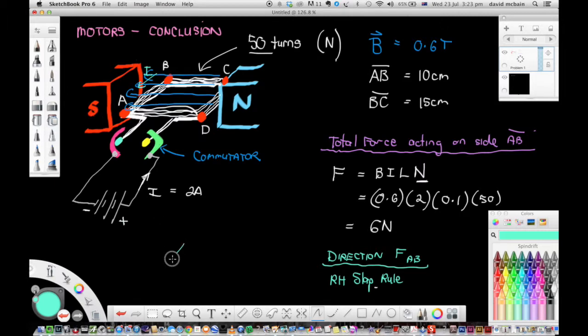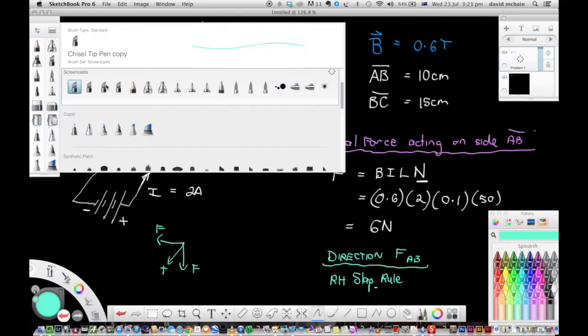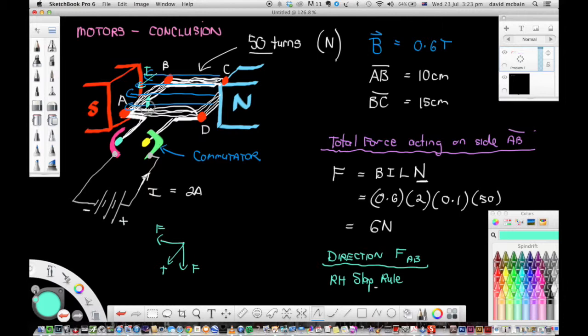So our thumb is out of the page, our fingers are pointing in that direction, and if we do that, we note that our force, using our right hand of course, must be down. So the force acting on that side of the motor is there.